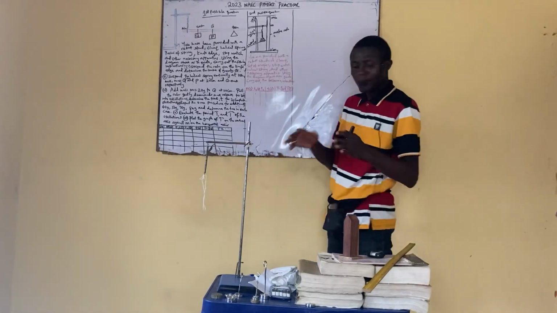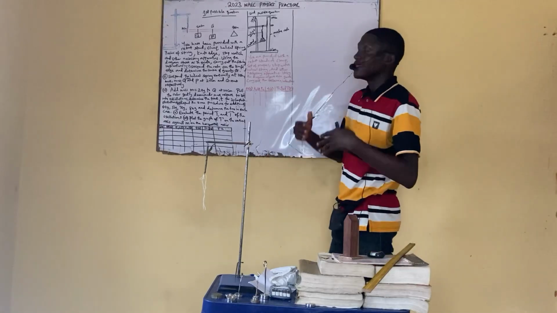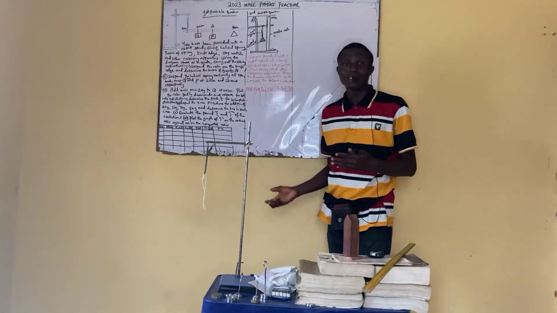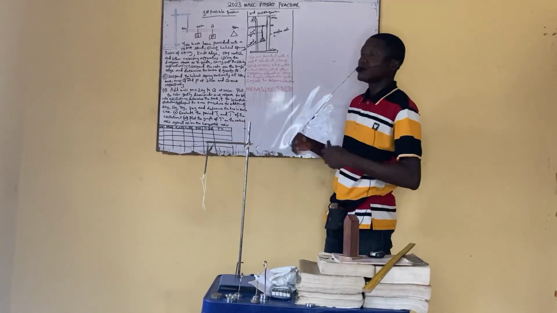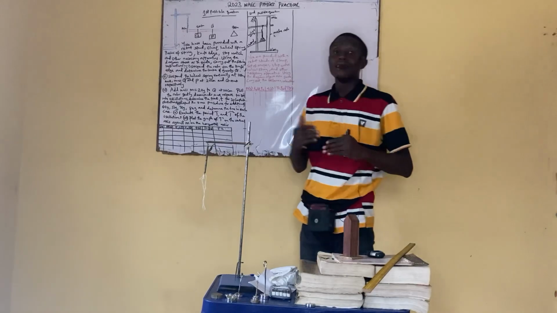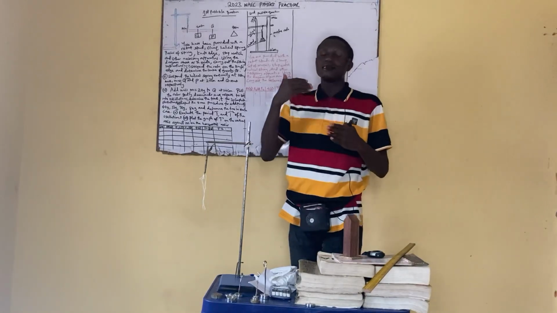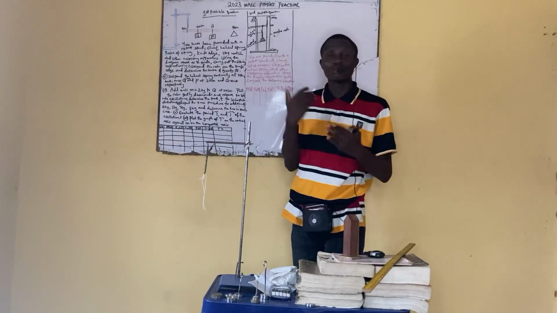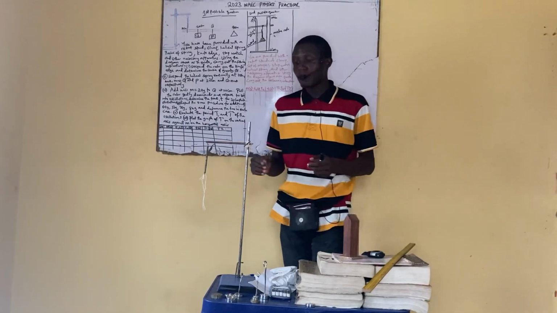Based on this apparatus that WAEC said they should provide for the students that are about to write the exam, we could discover that the relationship between these apparatus can be used to obtain the force constant of a helical string. Now, what do you mean by the force constant?